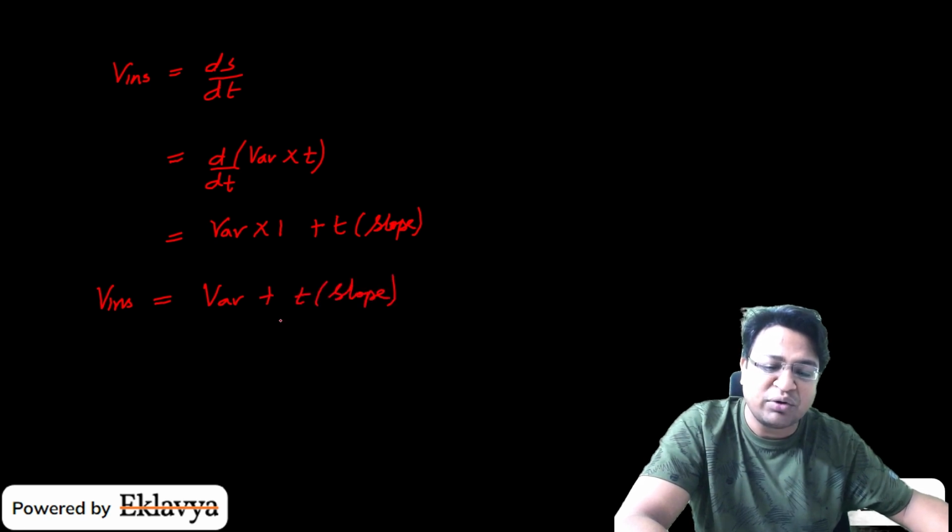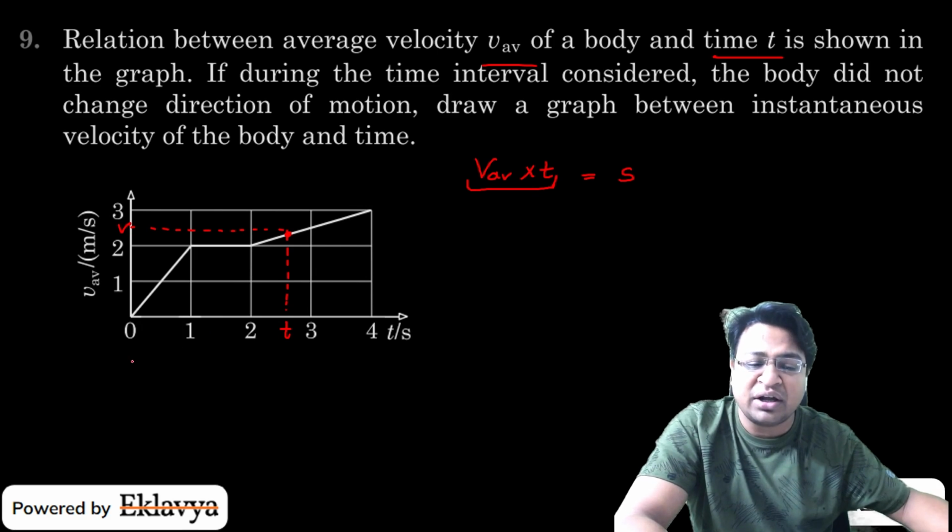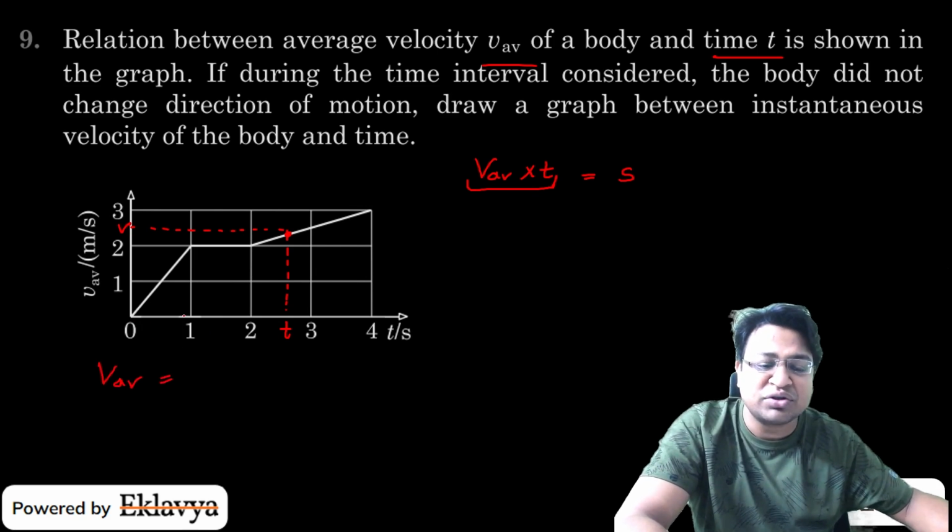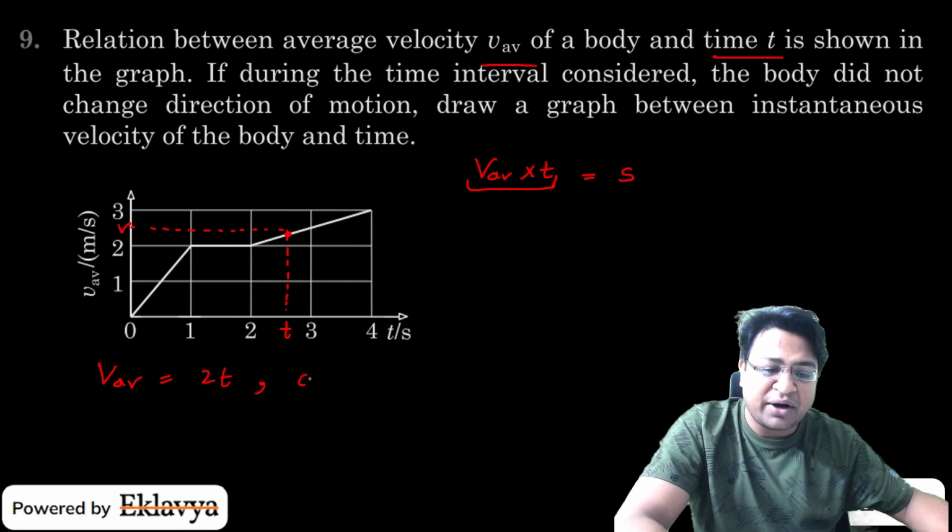Now, what we have to understand here is how to write V average as a function of time. If you notice, from 0 to 1 seconds it is a straight line passing through the origin with a slope of 2. So it should be 2 times t as t changes from 0 to 1. Then it remains constant at 2 for t ranging from 1 to 2.